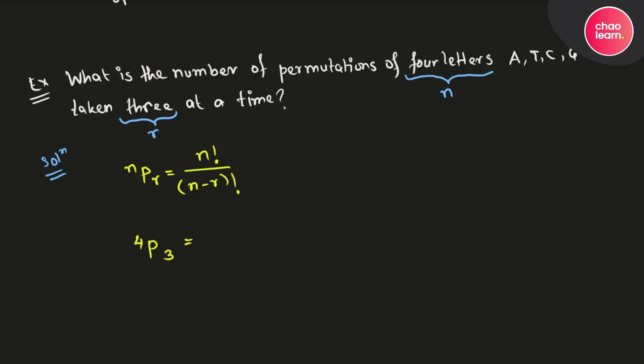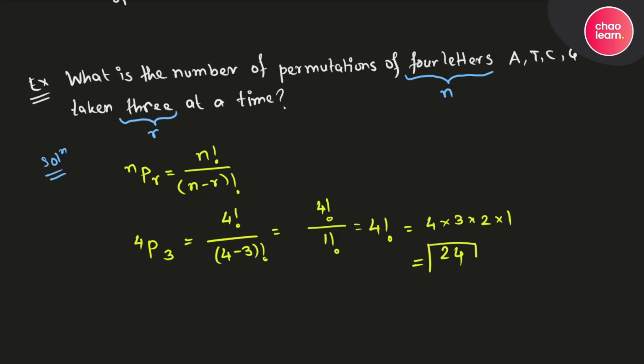So plug in the values: 4 factorial upon 4 minus 3 factorial is equal to 4 factorial upon 1 factorial, which is nothing but 4 factorial, which is 4 multiplied by 3 multiplied by 2 multiplied by 1, which comes out to be 24.